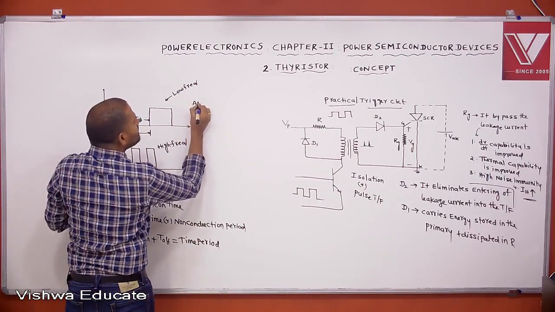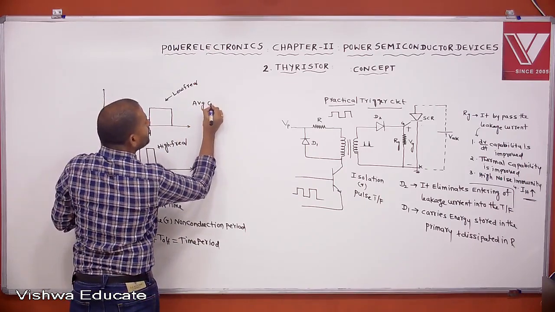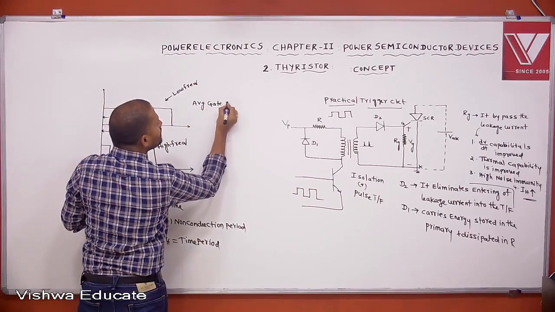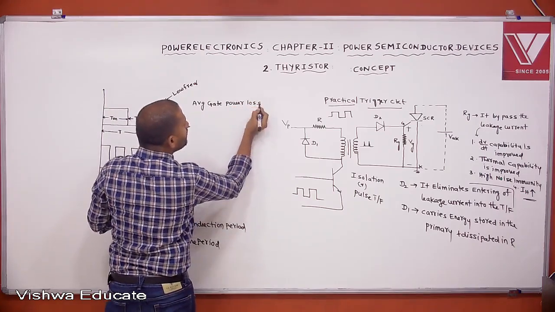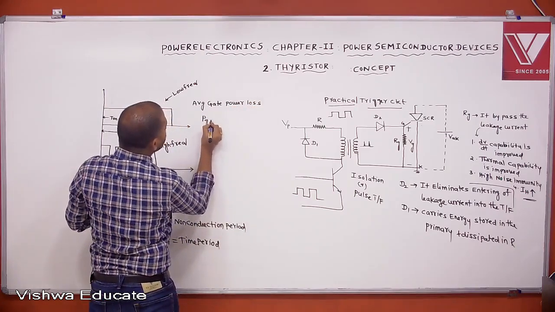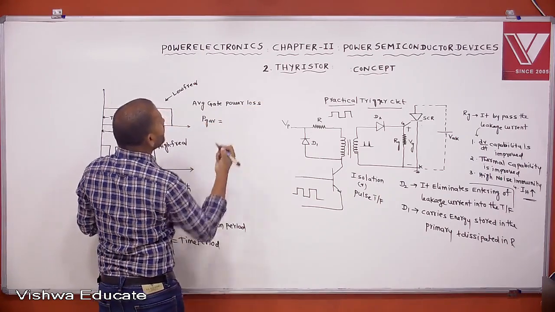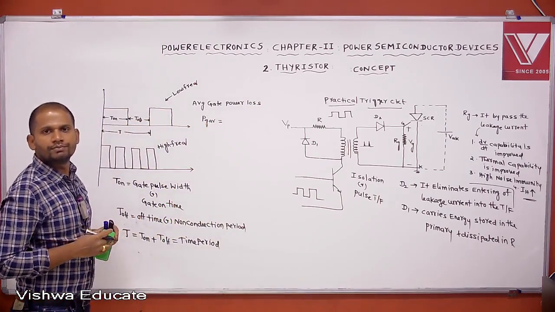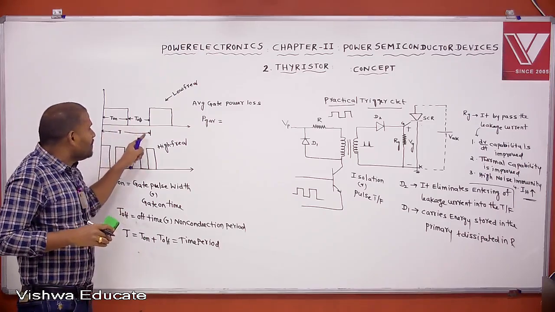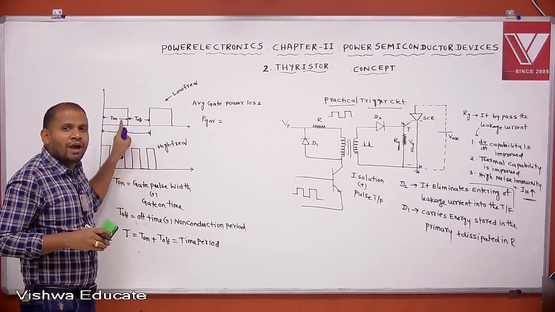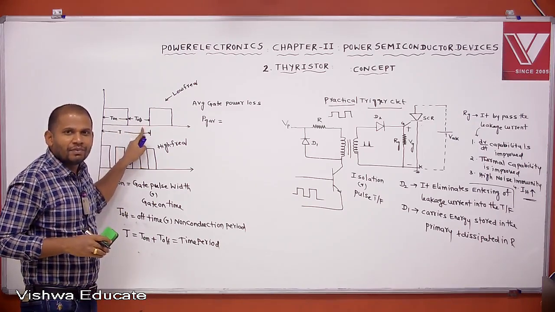Average gate power loss PGAV equals the average gate power loss. How to define? During the total time period, does power loss exist during on time only or off time only?